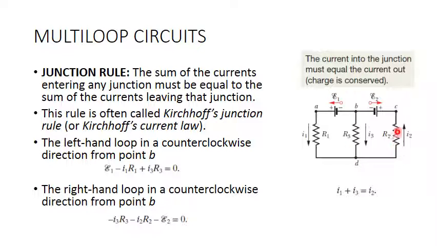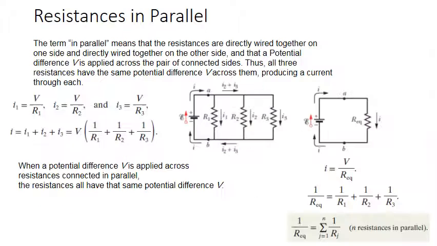The current I3 plus the current I1 must equal the current I2 because of the junction B. Or in other words, the current I2 entering junction B must equal the current I1 plus I3. So both cases, if I'm talking about junction B or junction D, I obtain the same equation. Now I have three equations and three unknowns. We can solve these three equations to find out the unknowns I1, I2, and I3.